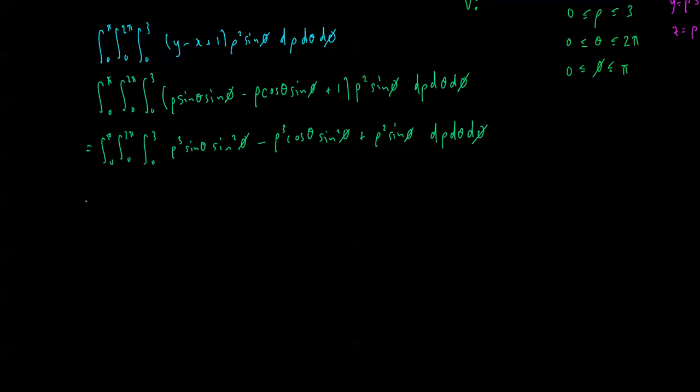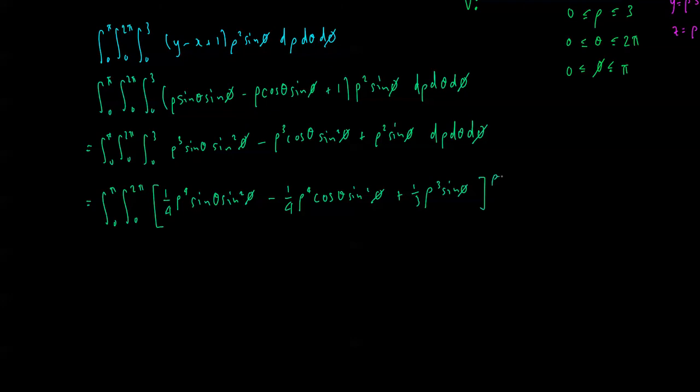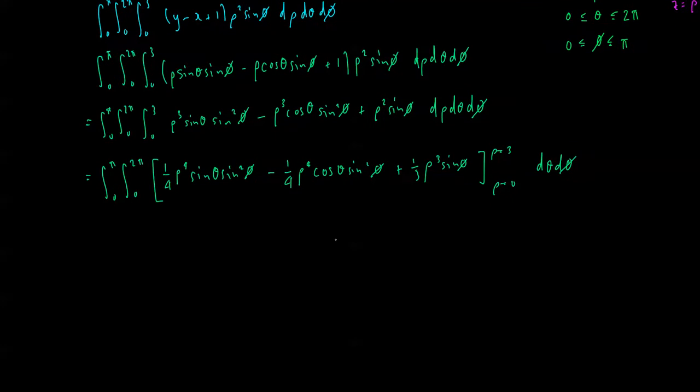Unfortunately I can't separate it out because they're all being added. So integrating with respect to rho, this becomes a quarter rho to the 4 sine theta sine squared phi, minus a quarter rho to the 4 cos theta sine squared phi, plus a third rho cubed sine phi, from rho equals 0 to rho equals 3.